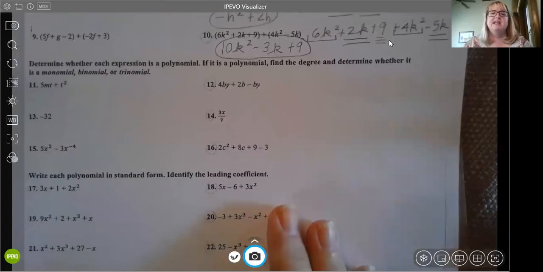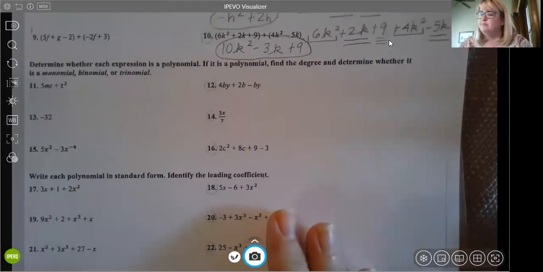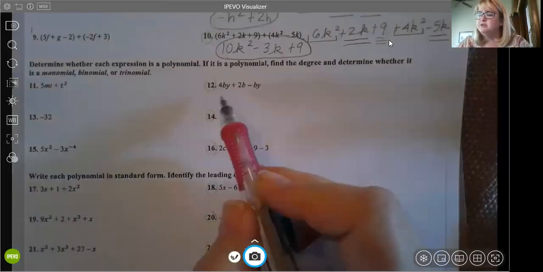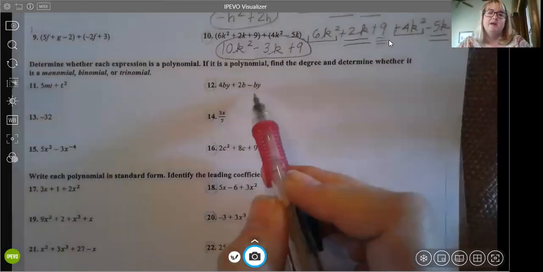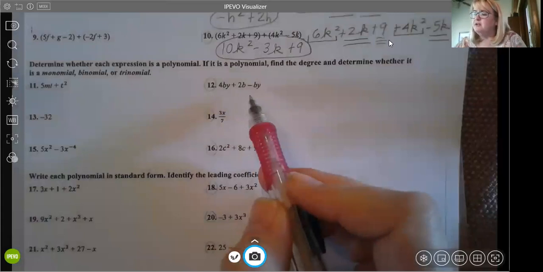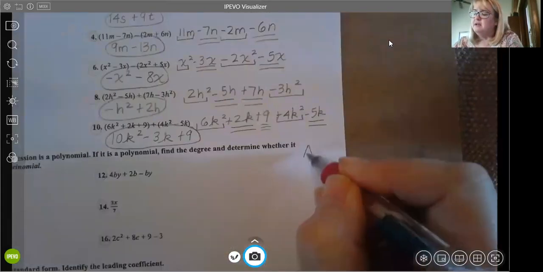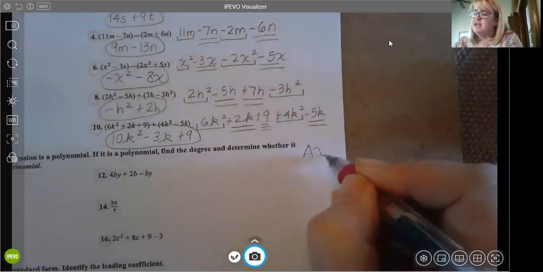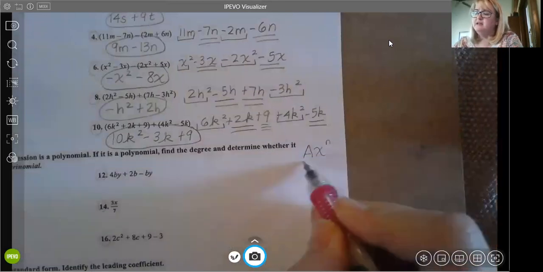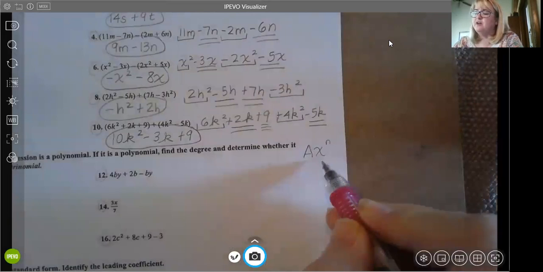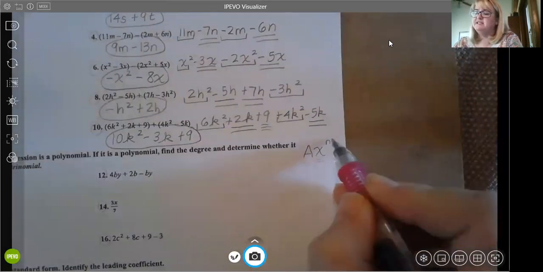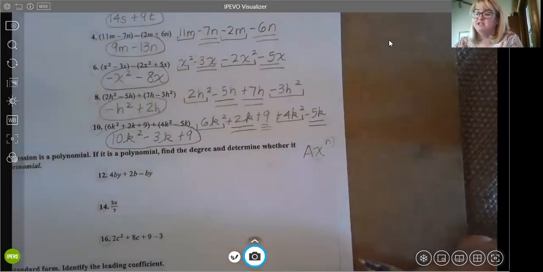The first thing, is it a polynomial? 4by plus 2b minus by. And remember, a polynomial is in the form of a x to the n, where a is your coefficient, you've got a variable, and then n has to be a non-negative integer exponent.